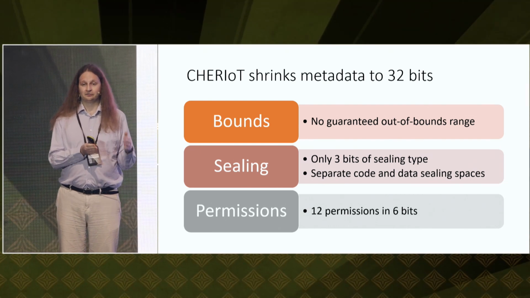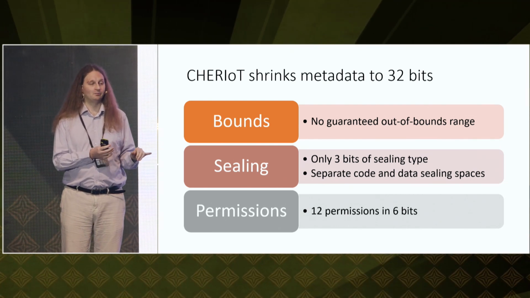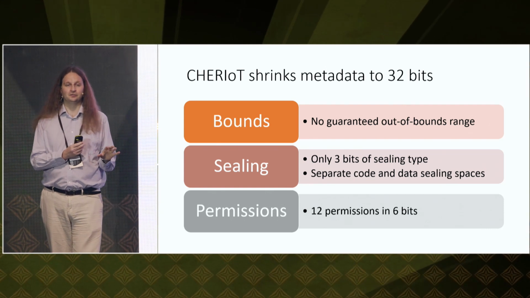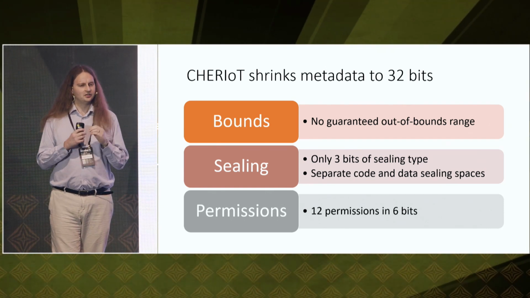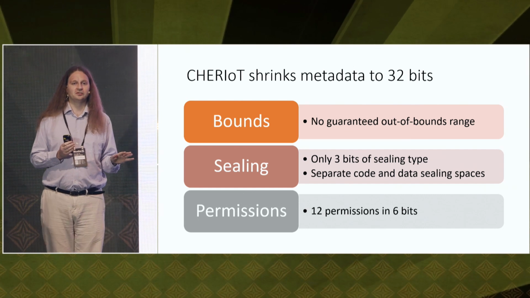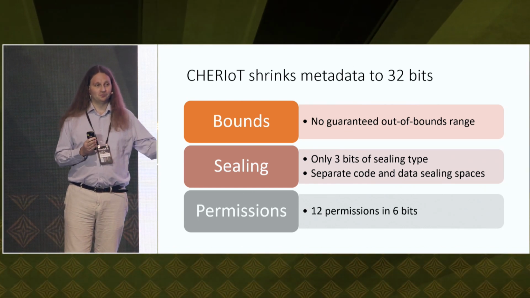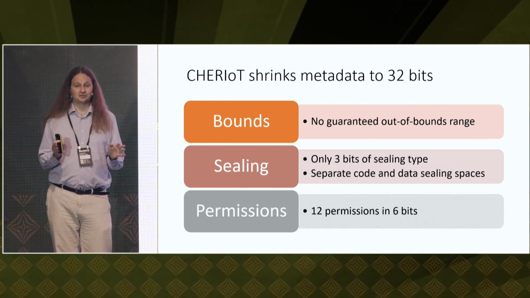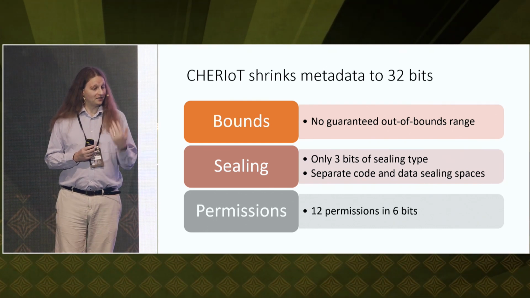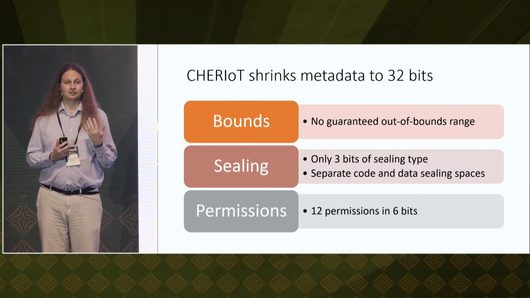So one of the things that we did with the big CHERI systems is guarantee that out-of-bounds accesses are representable for at least 4K, because it turns out people who write C code for big Unix systems do terrible, terrible things with pointers. And as long as you bring them back into bounds before you dereference them, it's fine. Embedded code, it turns out people are a lot more careful.